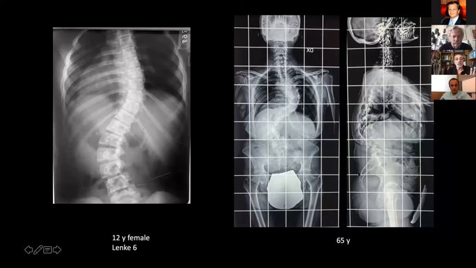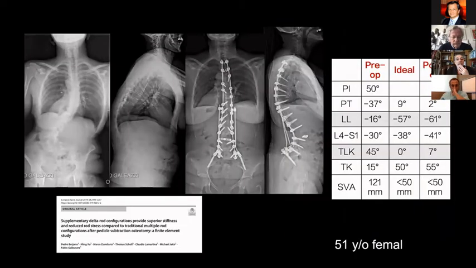Two different animals. In every case, we don't have to forget what the goal of our surgery is. We have to restore a good spinopelvic alignment. Jean-Charles Le Huec explained to us very well how we have to proceed. In this specific case, as you can see, we adopt what we call a delta construct.